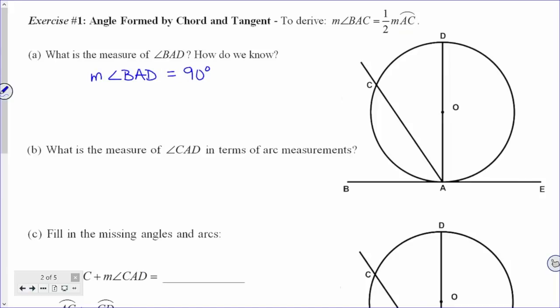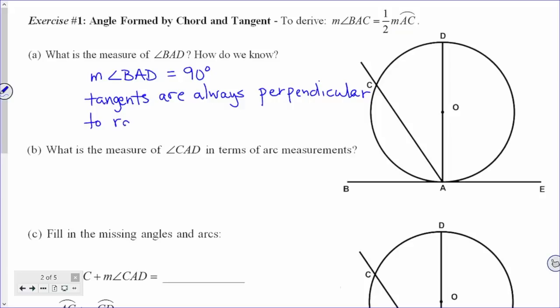Okay, and the reason why is that tangents are always perpendicular to radii at the point of tangency.